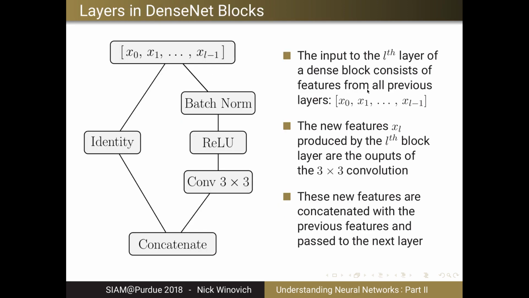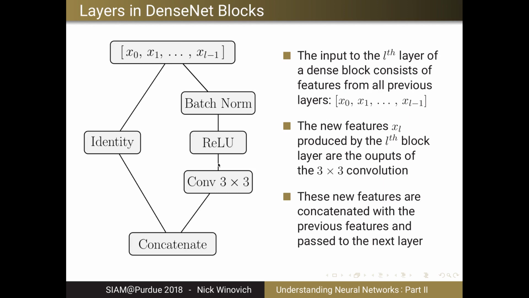The way that they propose to implement this is by simply providing a 1-layer skip connection, which will be concatenated with the features produced. So this identity will be the original features, or the features from the previous layer, or the concatenated features from all previous layers further down in the block.